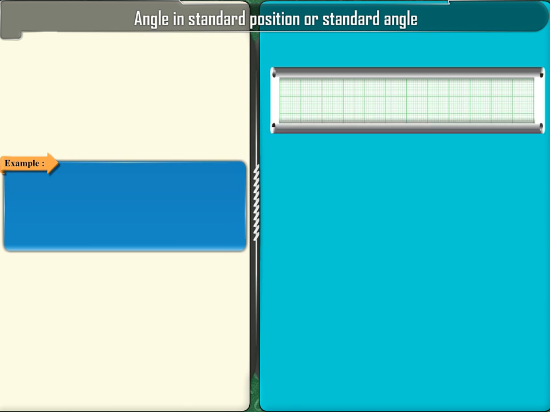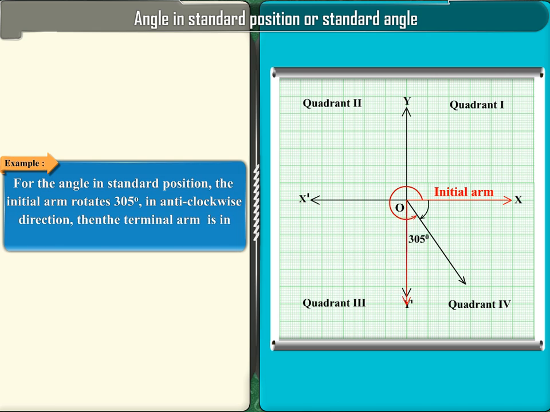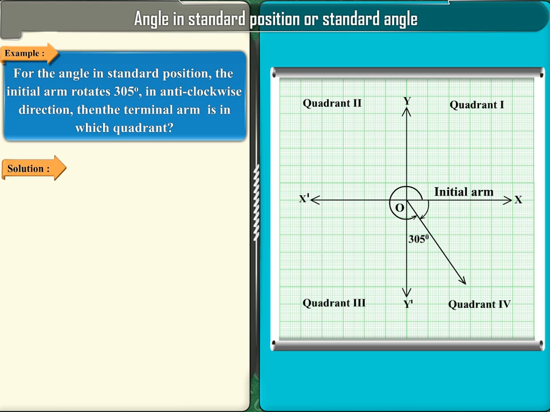Example. For the angle in standard position, the initial arm rotates 305 degrees in anti-clockwise direction. Then the terminal arm is in which quadrant? Solution. The initial arm rotates 305 degrees in anti-clockwise direction.